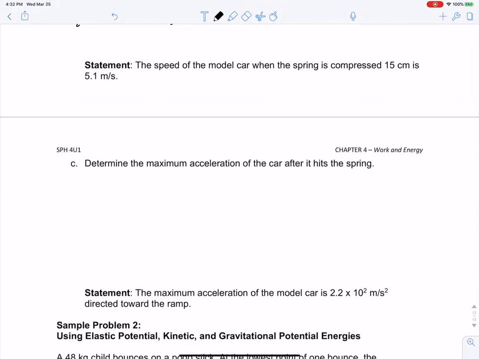Let's determine the maximum acceleration of the car after it hits the spring. Imagine this car is going to hit the spring, it's going to compress. The maximum acceleration will occur when the spring reaches its maximum compression.